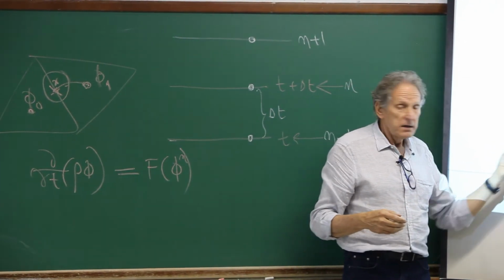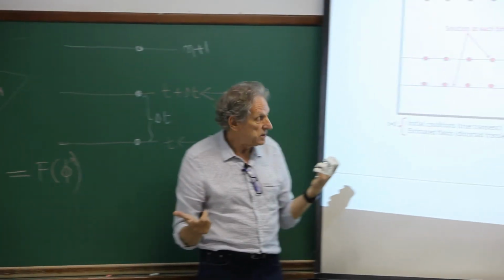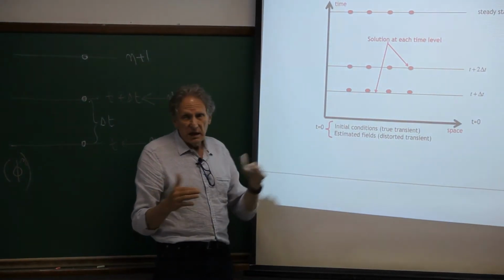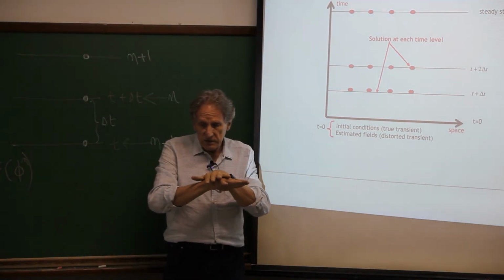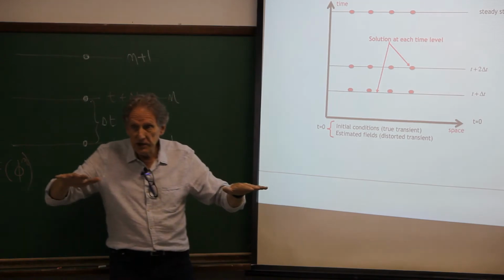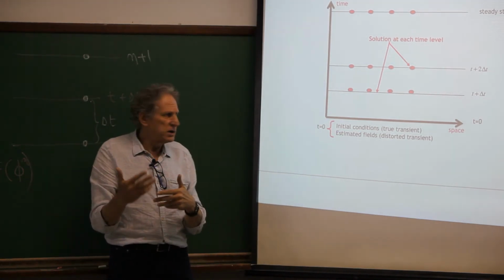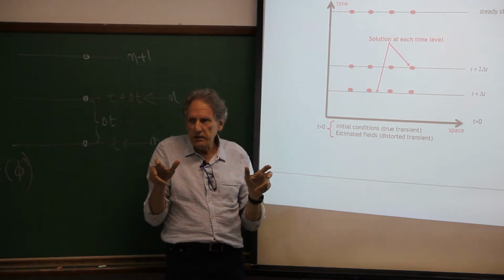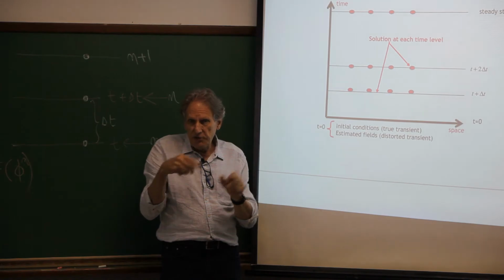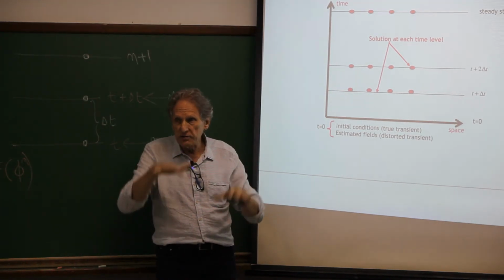Then that is the false transient, or the distorted transient. And there are several ways to distort your transient. One is giving some good estimation in the beginning of the calculation. And the other one is working on the equations themselves. Using different time steps for different equations, you are distorting the transient.